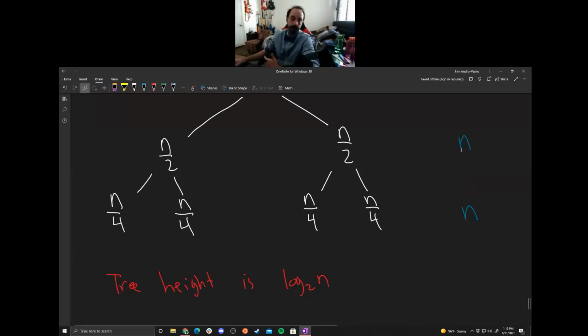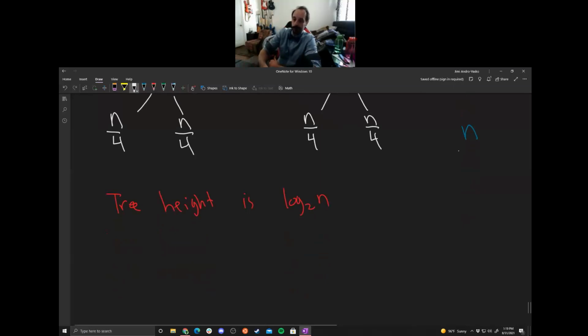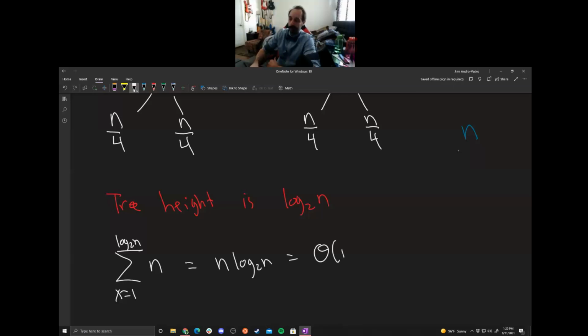So I have to add n, log 2 n number of times. So I'll put the summation here just for the heck of it. x equals 1 to log 2 of n. n, definitely going to be n times log 2 of n, which will be theta n log n.